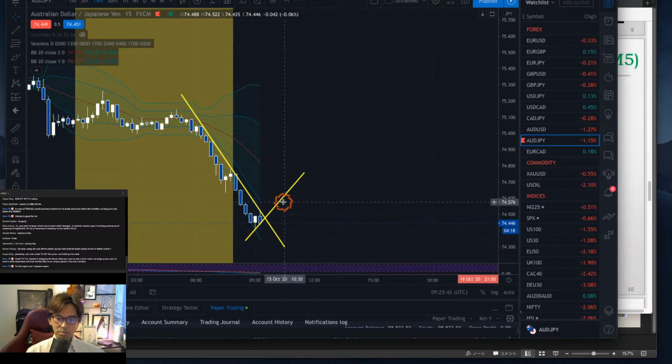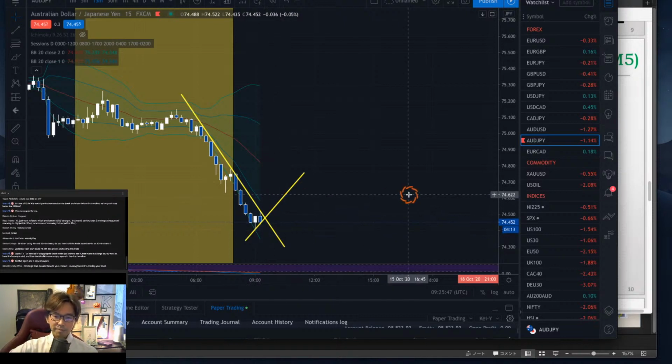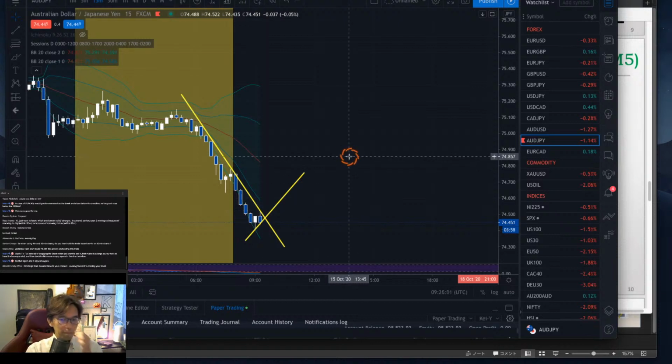So this is moving down right now. So anyhow, I'm still looking for any selling edge on this one, AUDJPY, as it trends down. So we'll see if that continues to go down.